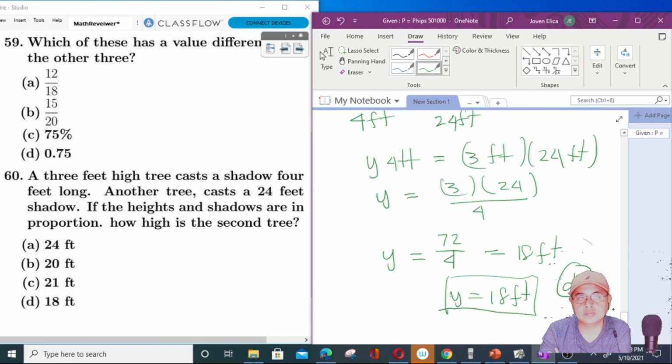If you notice, we encountered a compound interest problem, basic trigonometry, analytic geometry, which is the equation of the line. So at least you have an idea of what to expect in the board exam. You just have to add an additional review on what is covered in these 51 to 60 questions.